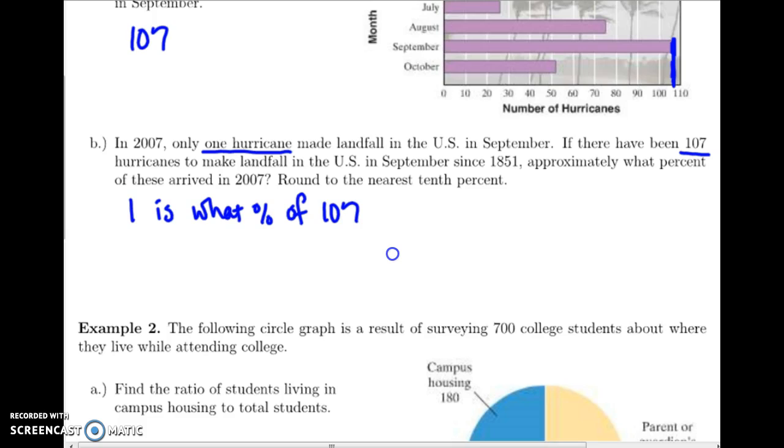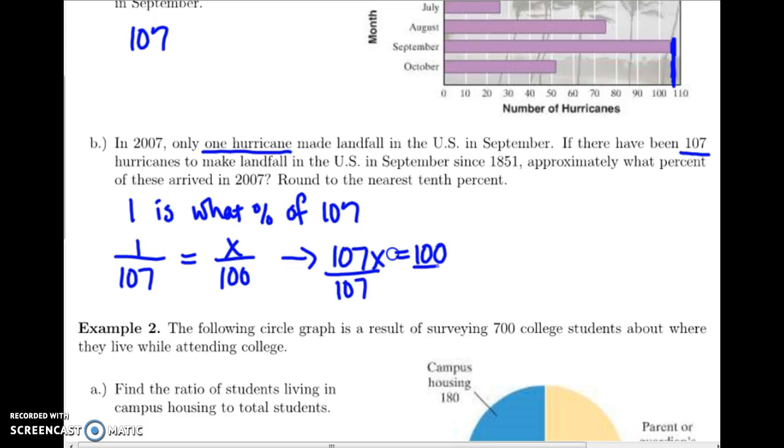So, I'll do this. 1 over 107 is x over 100. So this is our proportion method. So we end up with 107x is equal to 100. Divide by 107. And so we get, sorry there's not much room. I believe you end up with 0.9 once you round.